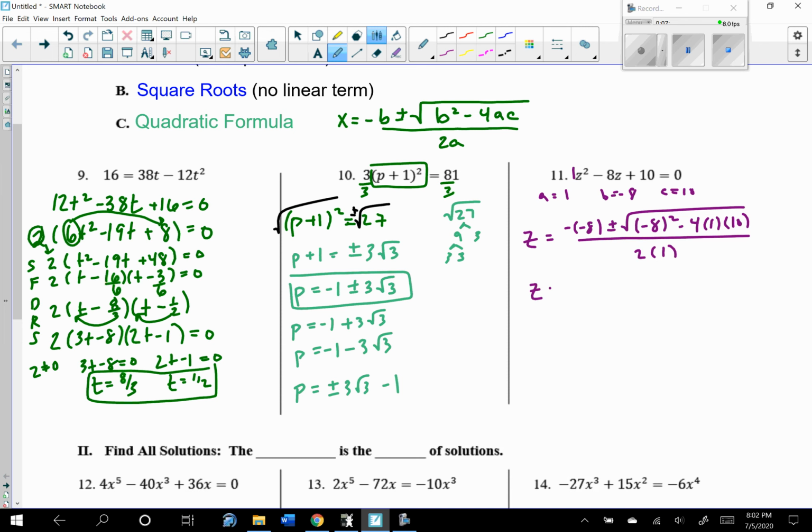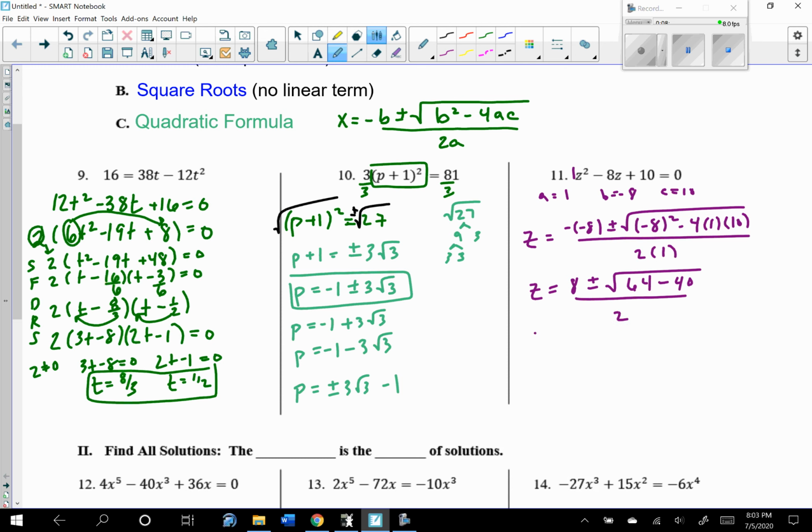So z is equal to negative 8 becomes positive 8, plus or minus the square root of negative 8 squared is 64, minus 4 times 1 times 10 is minus 40, all divided by 2.